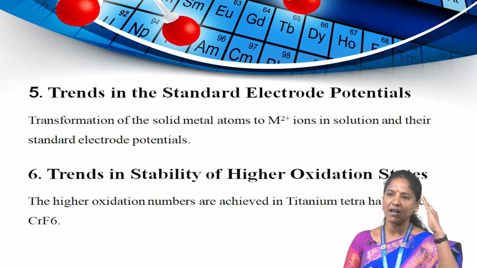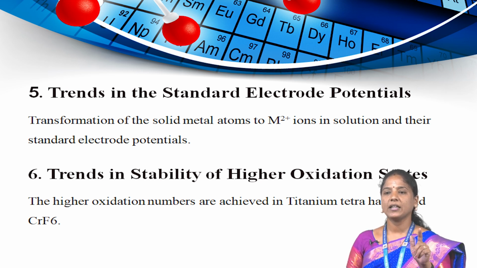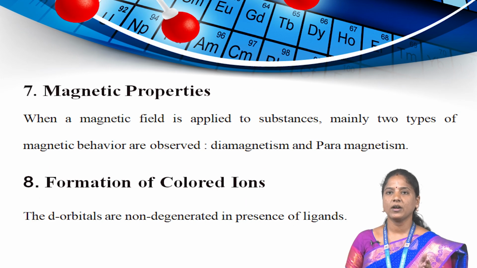In increasing order of oxidation power, in the series, vanadium oxide is greater than chromium oxides, and greater than manganese oxides.